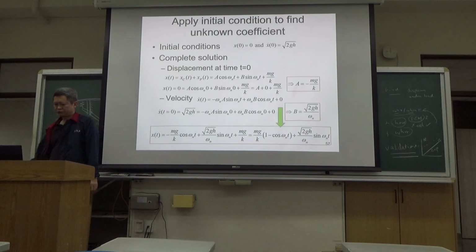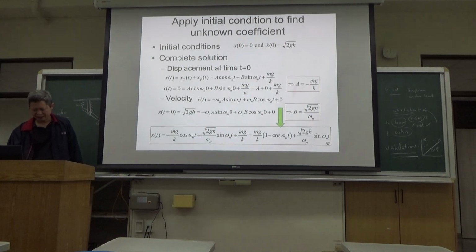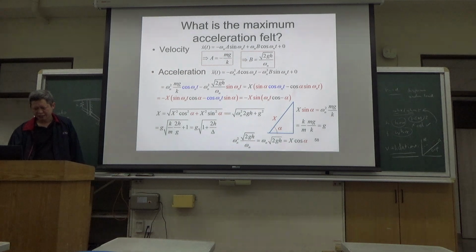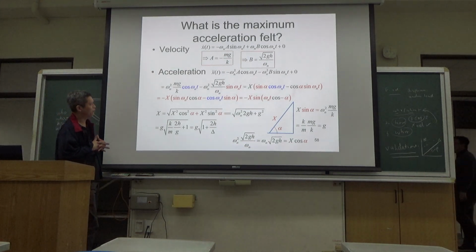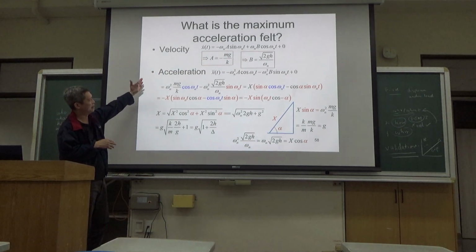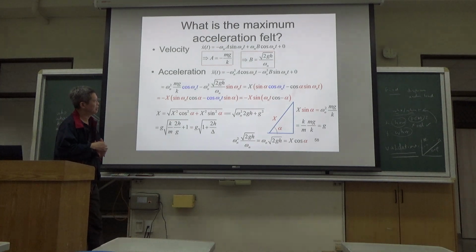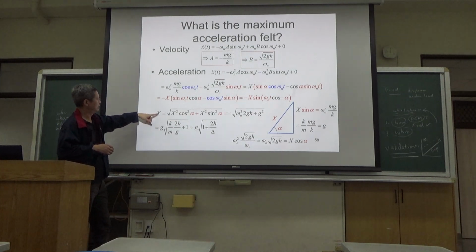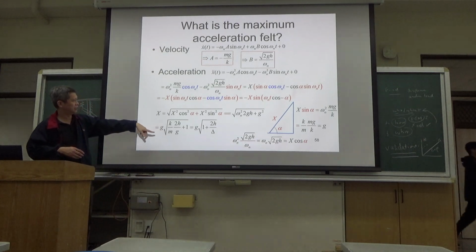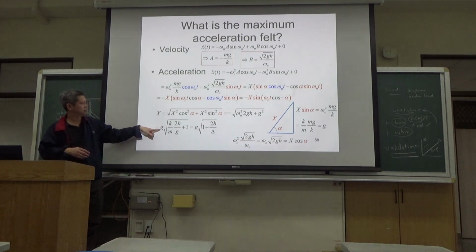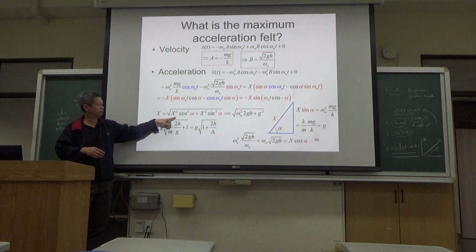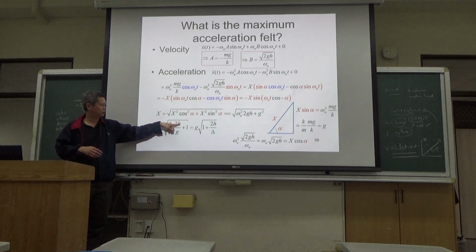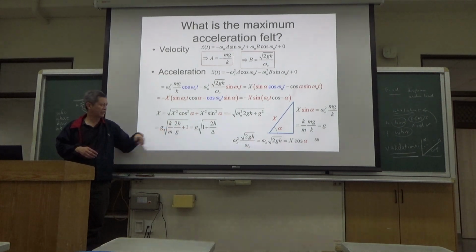With this, applying and combining, you'll be able to find the amount of acceleration, which is g times the square root of k over m times 2h over g plus 1.